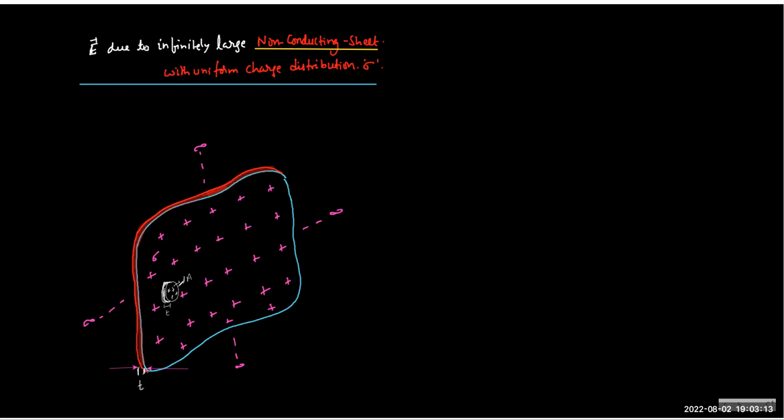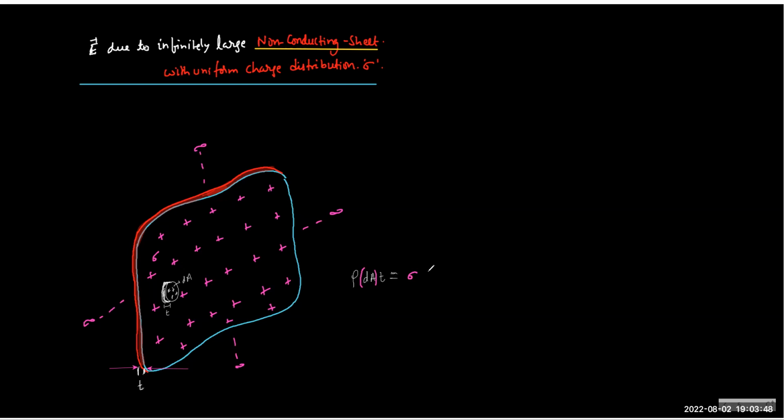So how much charge will this button have? Rho dA into T, volume into density. But sigma, as I said, is the representational way. When you choose sigma, you will try to write the answer in terms of visible area, the area which you see, the area which you're considering over the surface.